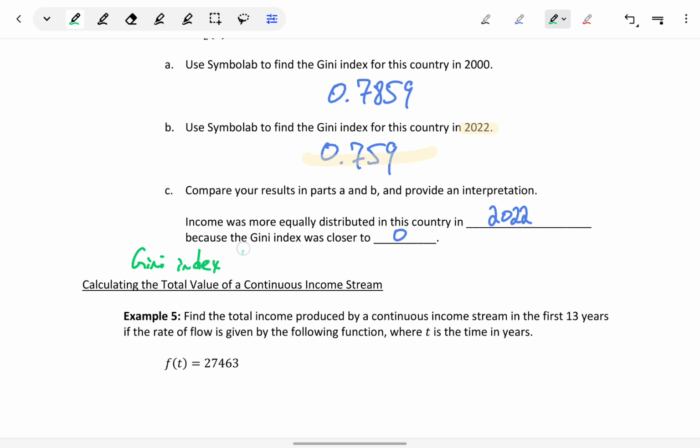The Gini index for the United States of America in 2000 was 0.401, and in 2022 our Gini index was 0.413, which tells us that we had a more equal distribution of income in the year 2000, since that value was closer to 0. Again, just applying more context, and in this case, a specific real-world example to these values.